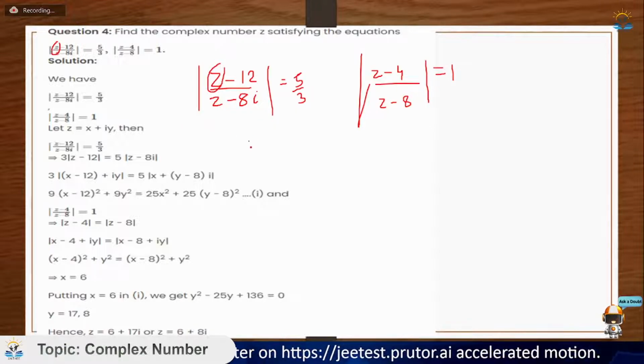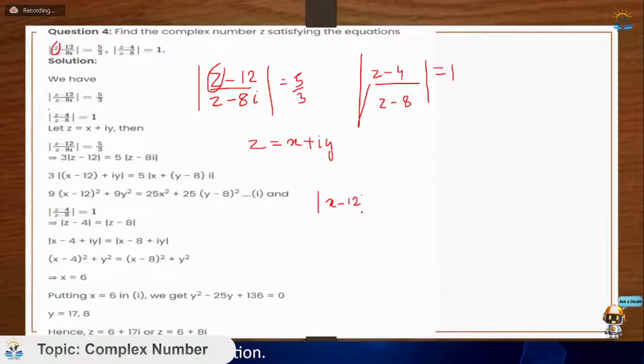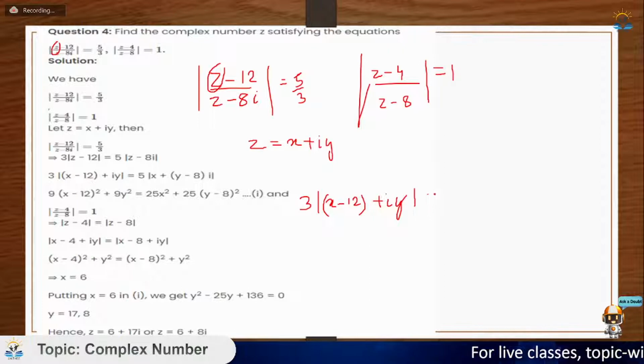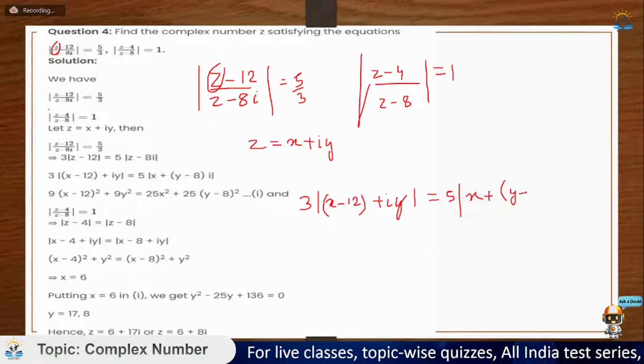So for solving this, keep z equal to x plus iota y. So from here you will be getting 3 times mod of (x minus 12 plus iota y) is equal to 5 times mod of (x plus iota (y minus 8)).